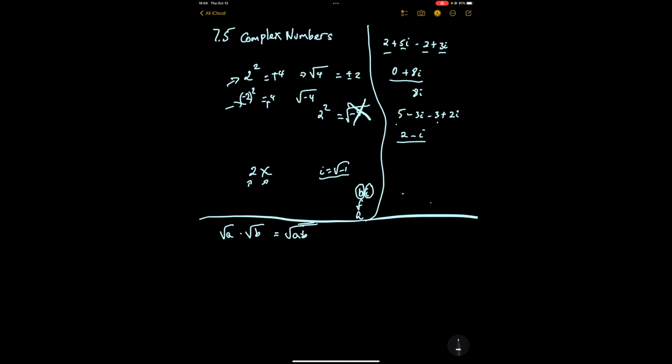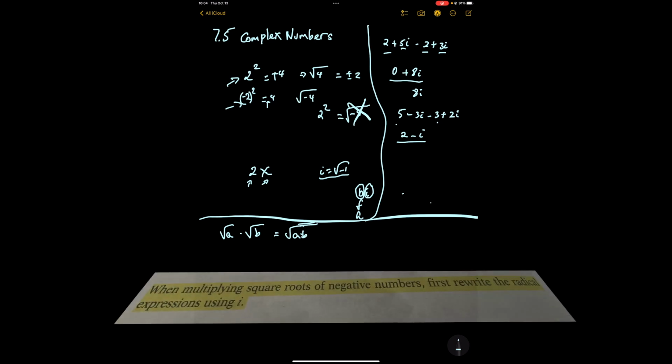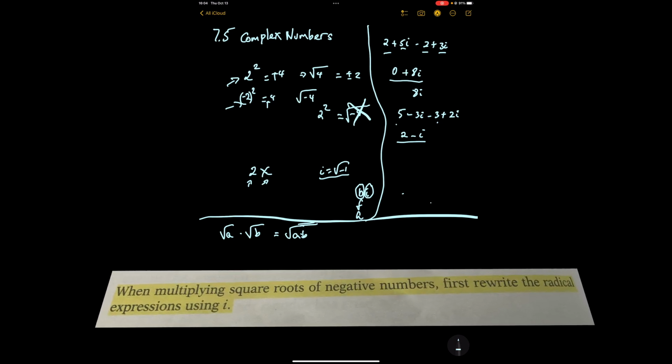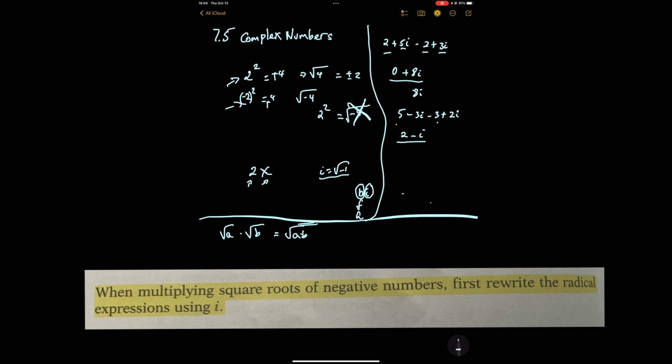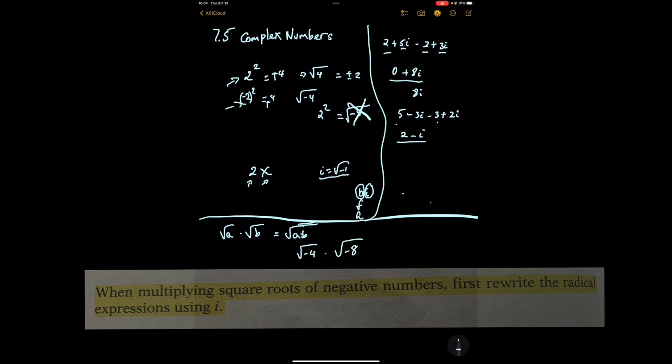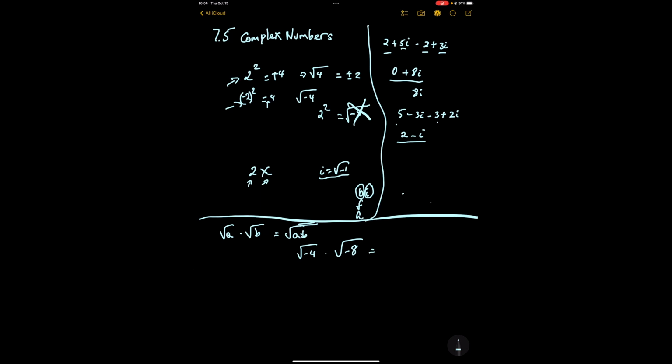So what you need to do first, when multiplying square roots of negative numbers, is rewrite the radical expressions using i. So let's say I have the square root of negative 4 times the square root of negative 8. Well, instead of doing the square root of 32, that would be wrong, because that's not what we are doing right now.